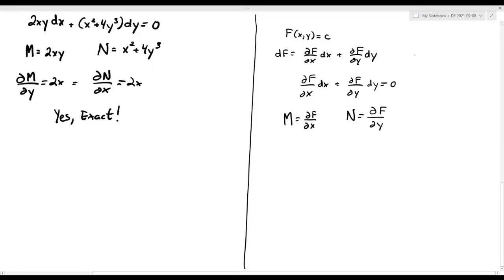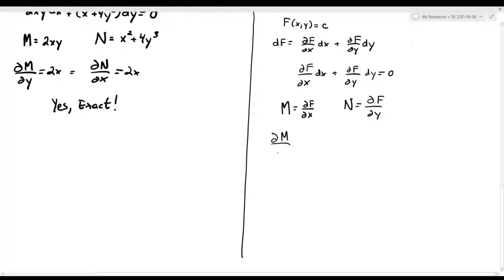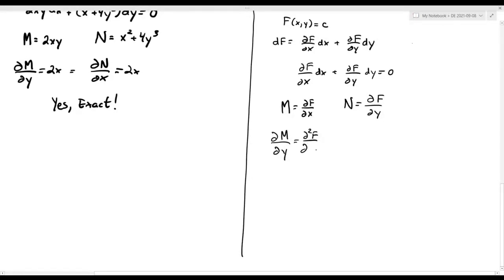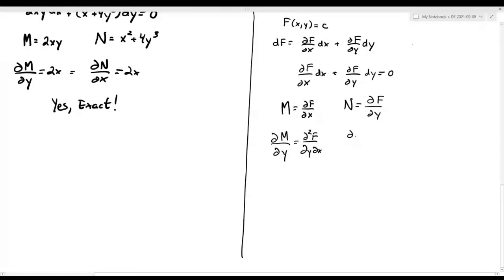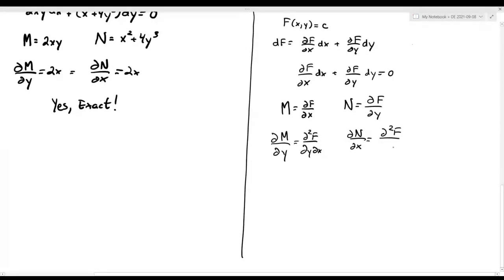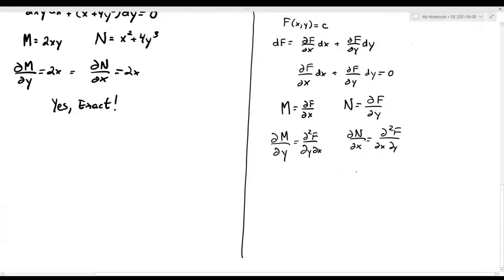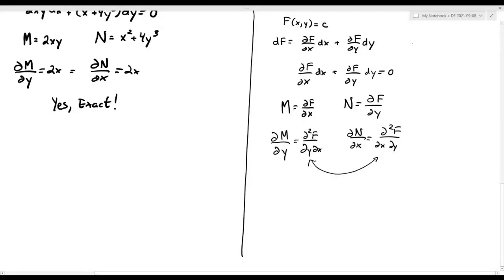Okay. So when we do this test for exactness, remember that we differentiate M with respect to the variable y. So that's the same as taking a second derivative of F with respect to x and then y. And then when we differentiate N with respect to x, it's like taking the second derivative of big F, but first you differentiate with respect to y and then x. So notice the order of differentiation is switched around.